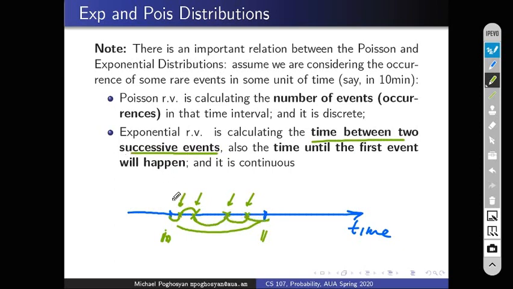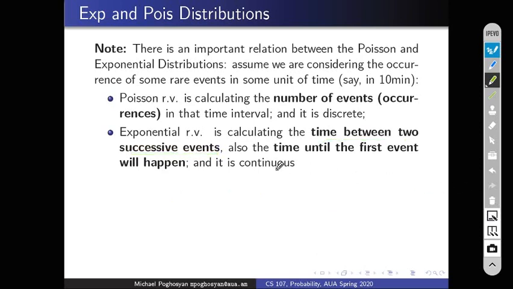The exponential random variable is modeling the time passed from one event to the next. Important: exponential is a continuous random variable, while Poisson is a discrete random variable. Poisson calculates the number of events, and exponential calculates the time between successive events, or the time until the first event happens.